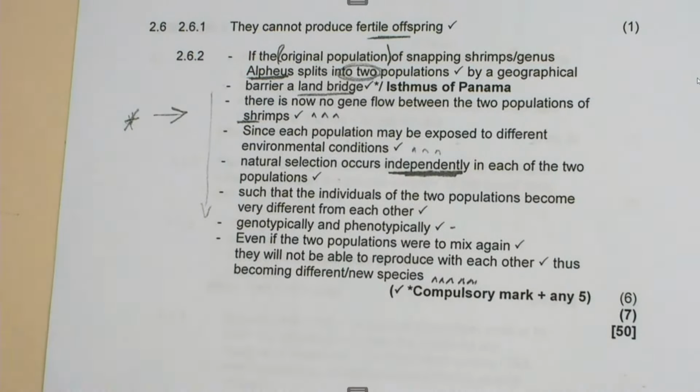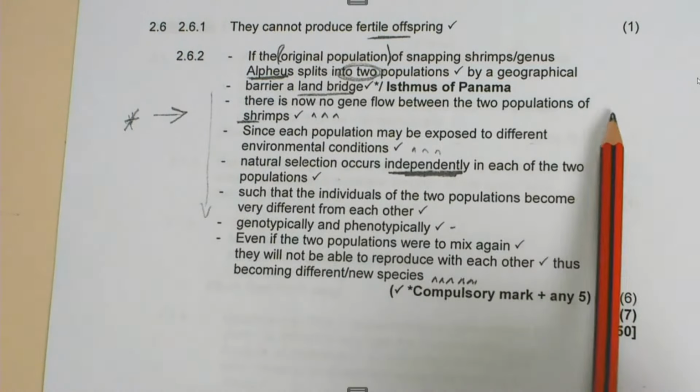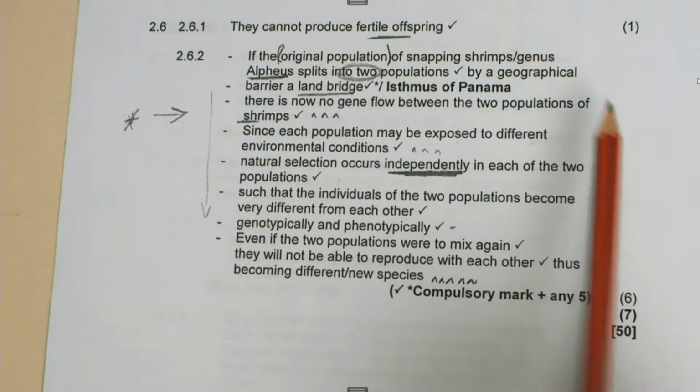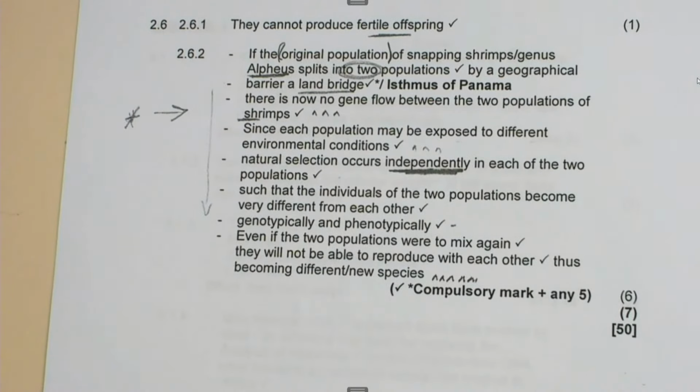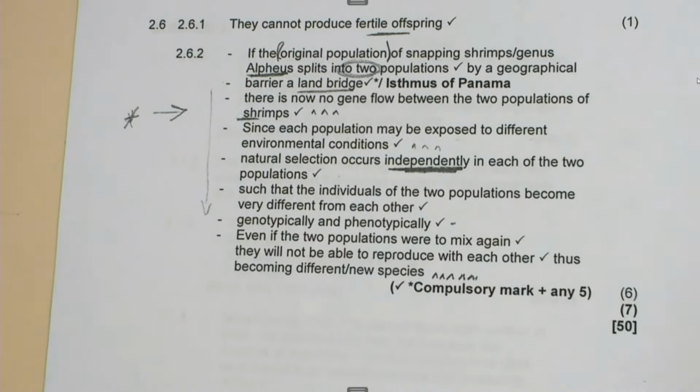So in this case, I will refer to the north and south. There is no gene flow between the two populations of shrimps in the north and in the south. So just add your example there. There are a lot of these examples in the past September question paper 2, 2016, 2017, 2018, 2019, that you can go and practice with your learners.